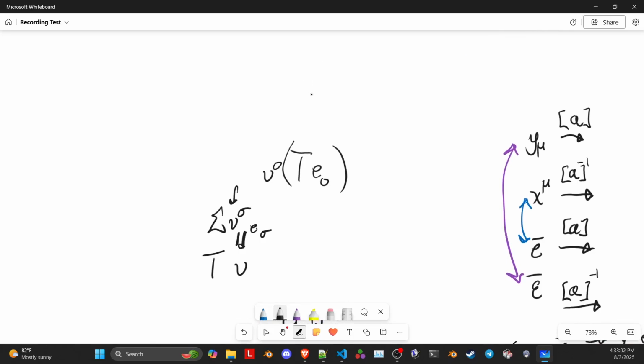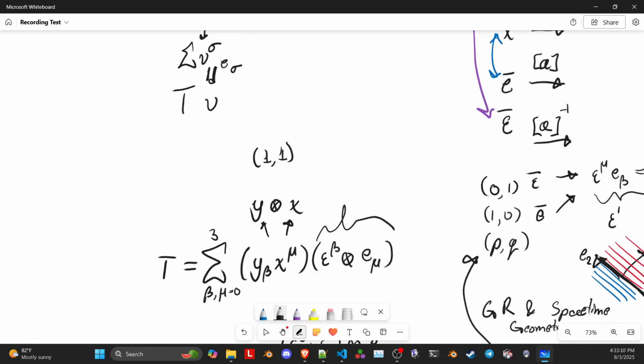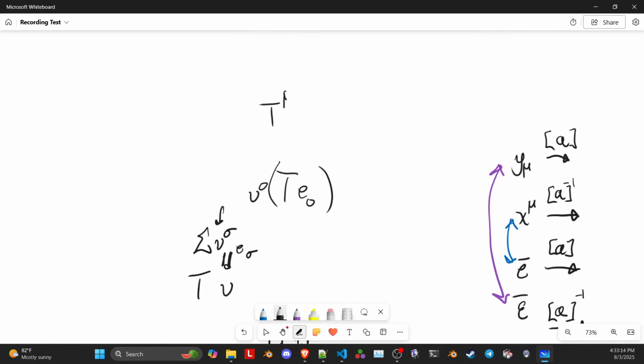Well, a 1-1 tensor, if you remember, is a combination, and we used lower beta, upper mu, acting on E, and in this case, the ordering of E and epsilons won't matter. It will in the future.